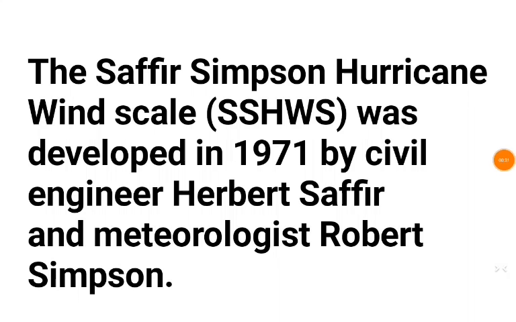Okay, so with everything there is always a little bit of history behind it, and right here I have the Saffir-Simpson hurricane wind scale. It was developed in 1971 by civil engineer Herbert Saffir and meteorologist Robert Simpson. Because it is these two persons that actually made up the scale, that is why it's called the Saffir-Simpson scale.